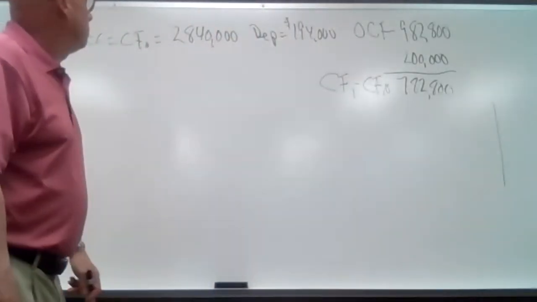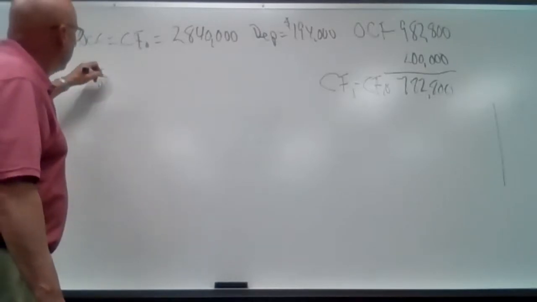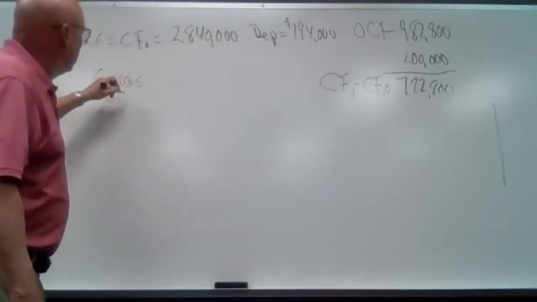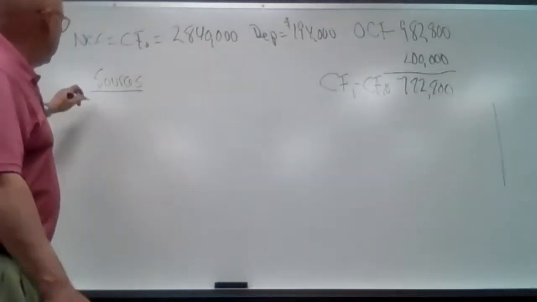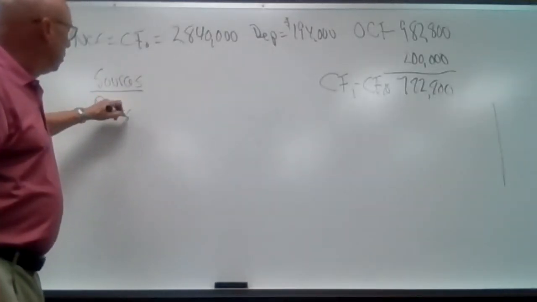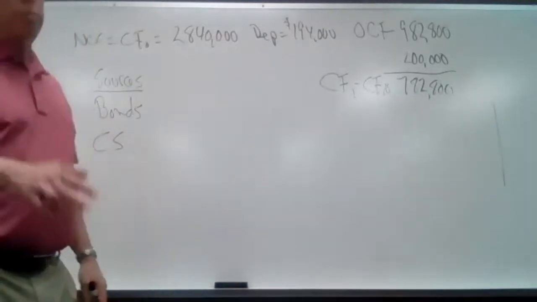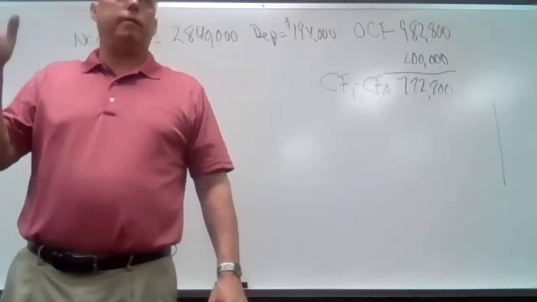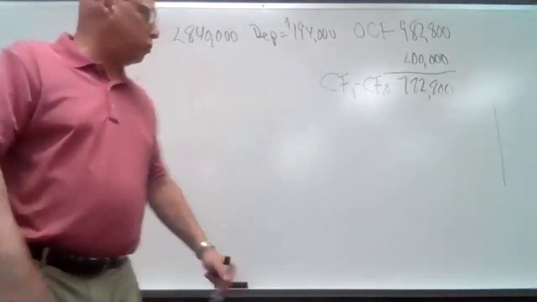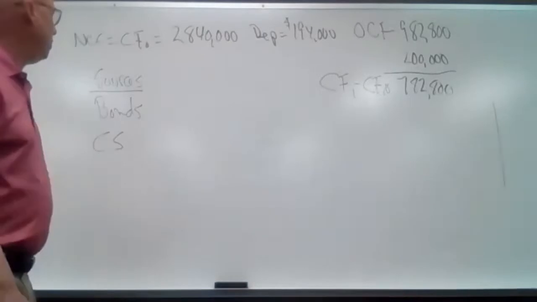All right, so to do the WACC, we set this table up, sources of capital, and we only have two sources of capital, bonds and common stock. Now, the problem on the test, I think, has three sources of capital. Do not let this throw you. If there's a third source of capital, you just put it right here, preferred stock, okay?